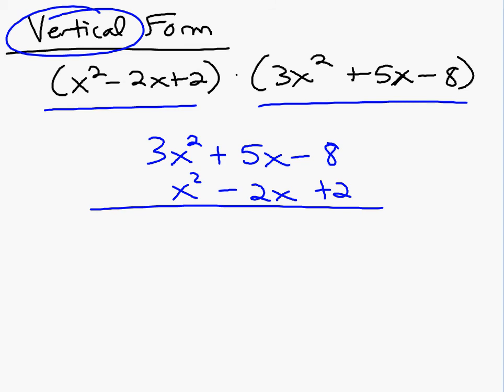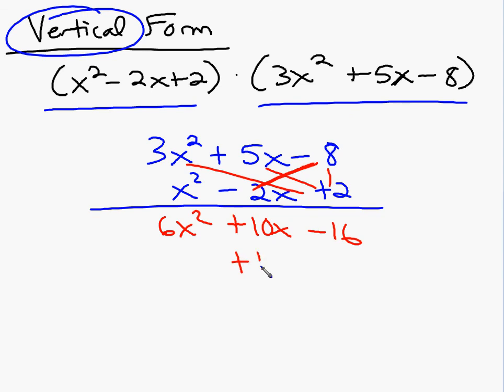I'm going to do 2 times negative 8, and I get negative 16. 2 times 5x, positive 10x. 2 times 3x squared, 6x squared. Then I start with the negative 2x. Negative 2x times negative 8 is plus 16x.